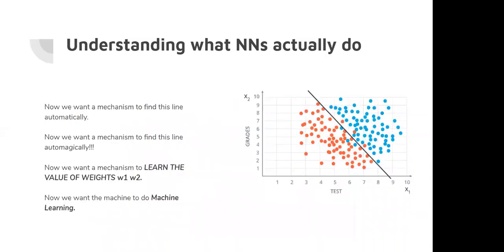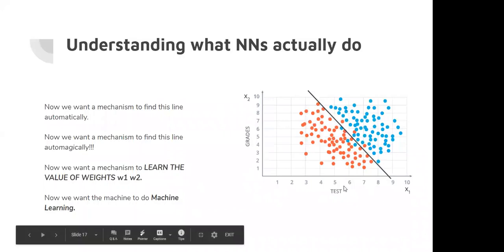What we want is for our perceptron to figure out this line all by itself. Over here we told the perceptron this is the equation, this is the line, 2x1 plus x2 and so on.